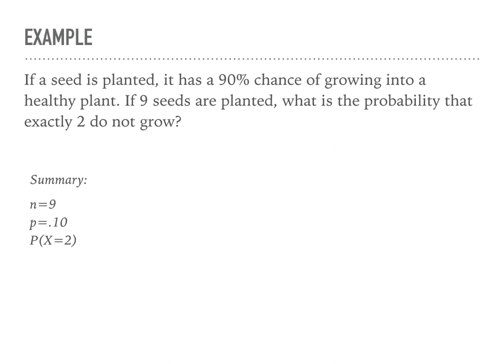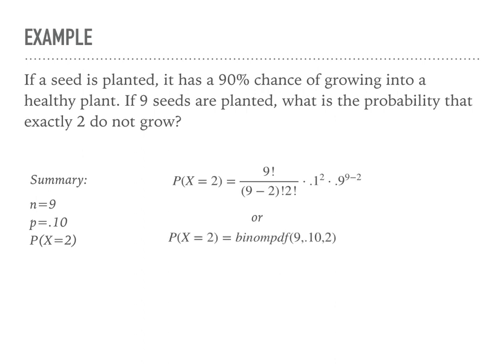So we're looking for probability x equals 2. So we could use our handy dandy formula, or we could jump straight to our calculator and use the Binom PDF function. N being 9, comma, P is 0.10, comma, X is 2. Either way, you should end up with the probability that X equals 2 equals 0.172.